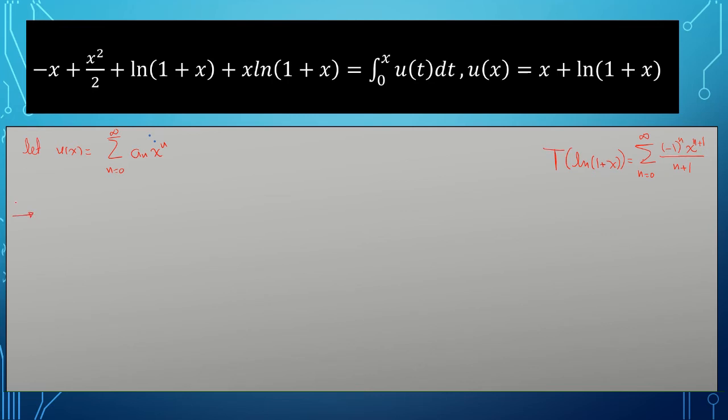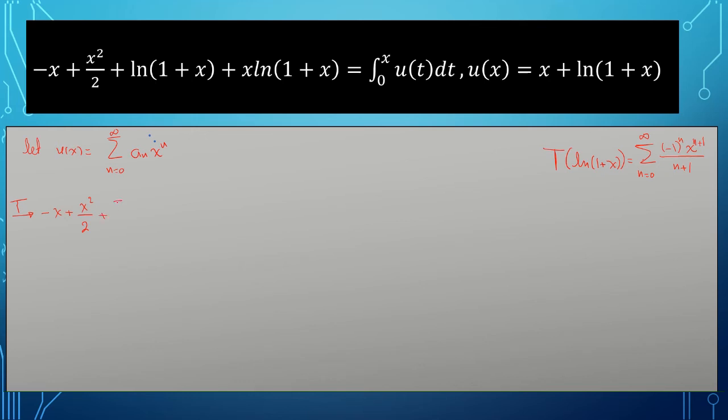So we rewrite the integral equation by the Taylor series, and we get minus x plus x squared over 2. Those two terms will not change.